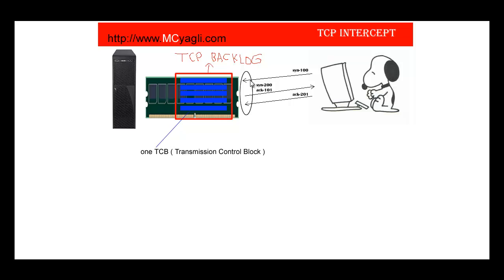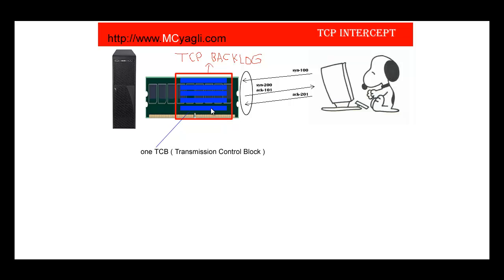Now please listen carefully here. The server keeps all these half established connections in these blue queues. See, we have 1, 2, 3, 4, 5 blue queues. Basically this blue queue, say, is known as a TCB, not TCP, please pay attention. It's TCB, transmission control block.